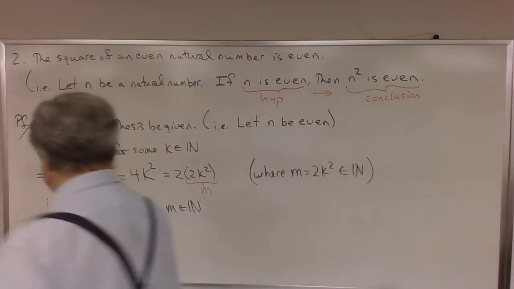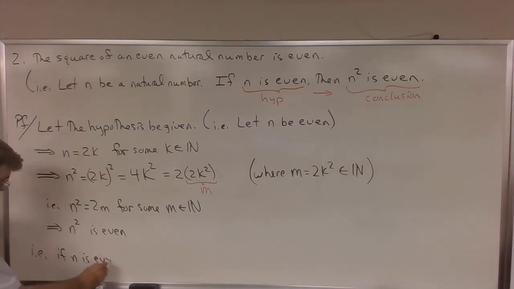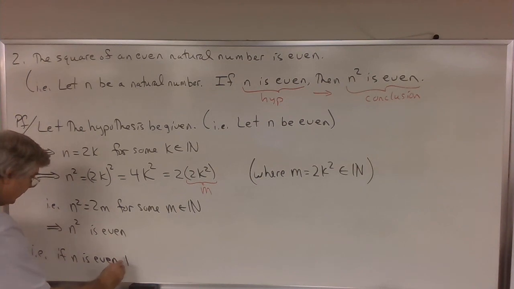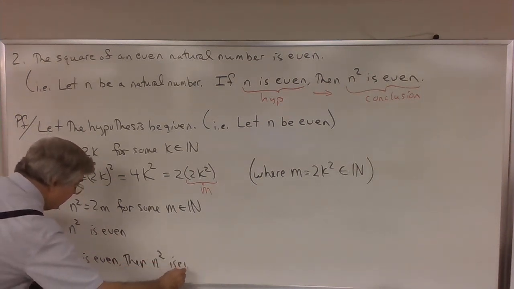And here's how we do that. We just tell them exactly what it is that we proved. And we say, if n is even, then n squared is even.